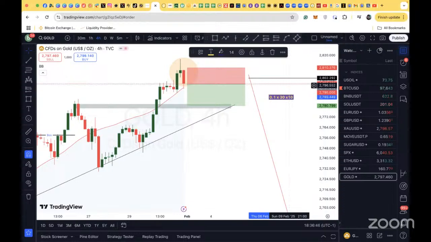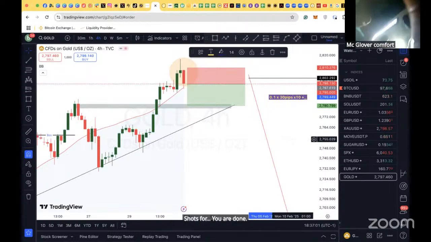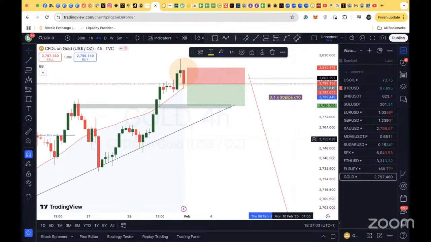No, you are saying 30. What are you doing? $13. That should be 13. So if you have like 5 positions, you are putting 30. This is about 130 pips now.